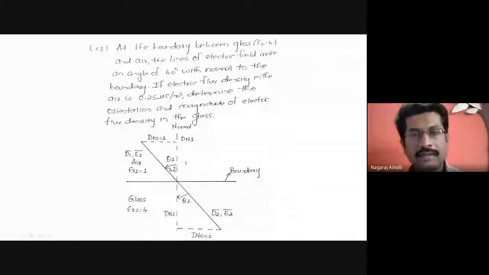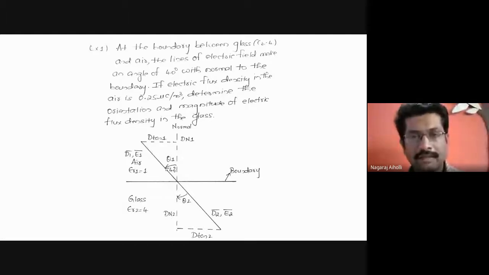If the electric flux density in the air is 0.25 microcoulomb per meter cube, they have given the value of D1, that is, the electric flux density in the air medium, 0.25 microcoulomb per meter cube. Then find the orientation and magnitude of the electric flux density in the glass medium.